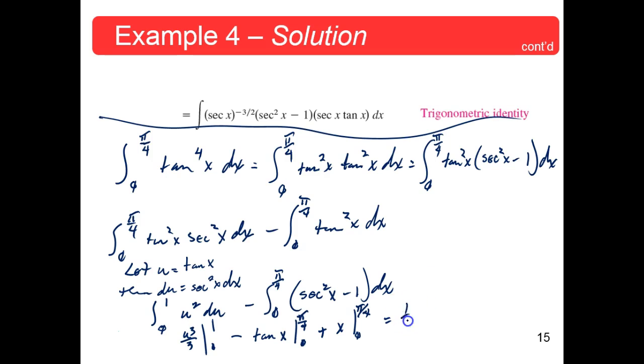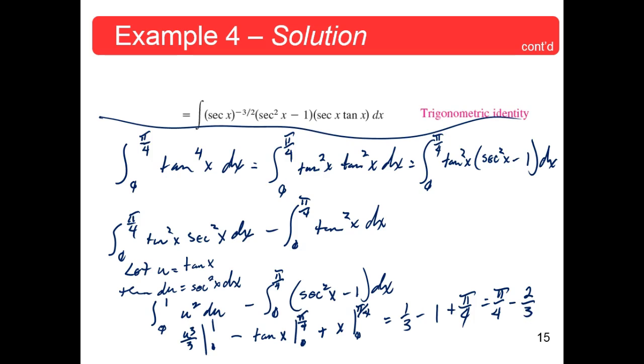Yeah, 1/3 minus, and what's the tangent of pi fourths? 1 minus 0. And then we have a plus pi fourths minus 0. So I'm going to rewrite it as pi fourths minus 2/3.